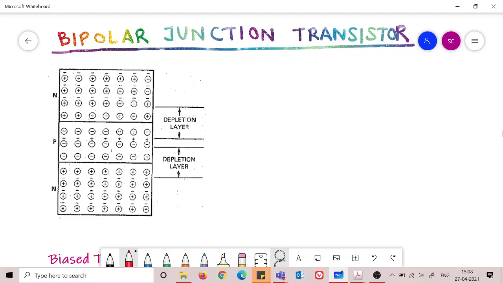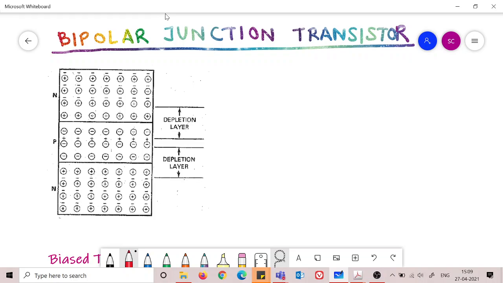By the name of the device, you may understand that there are two junctions, bipolar junction transistor. So there are two junctions in this device, and this is also a semiconductor device. The junctions that we are talking about are the PN junctions.